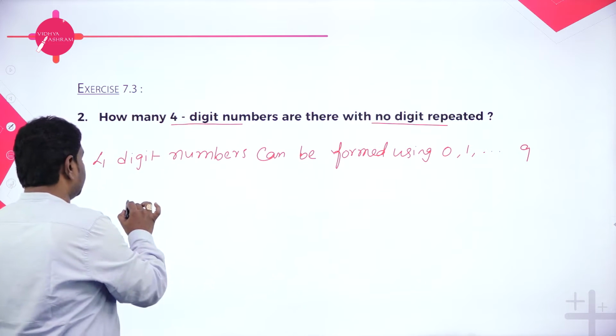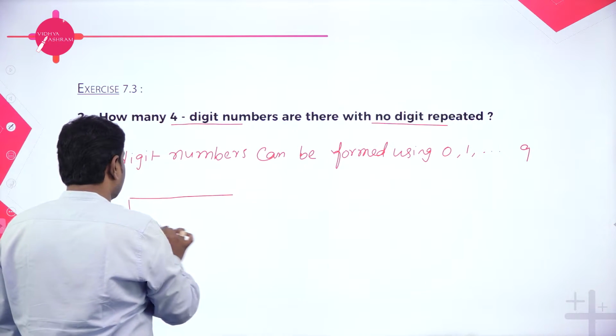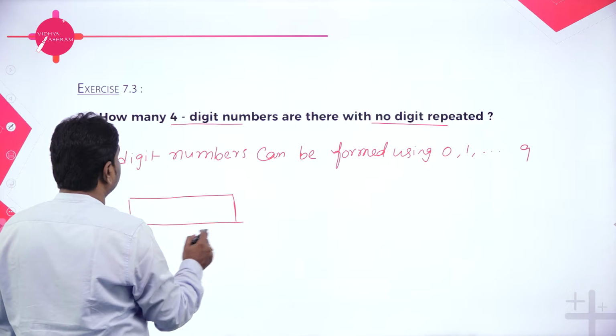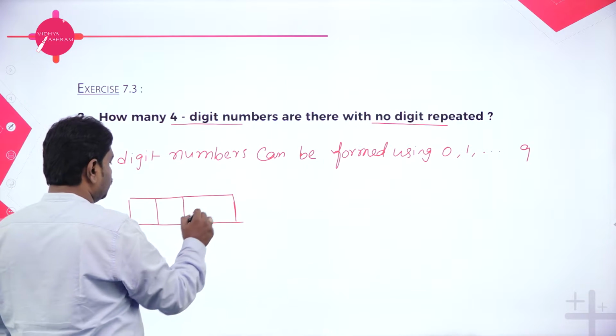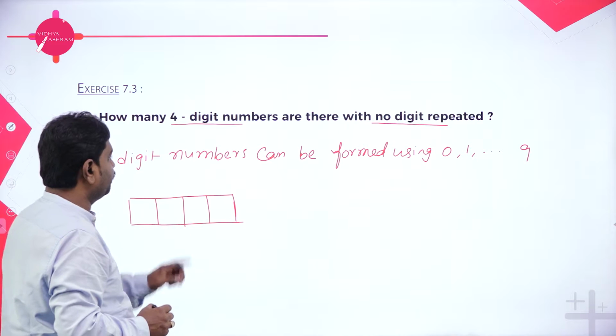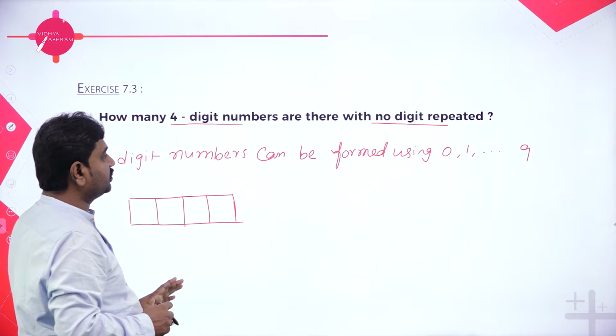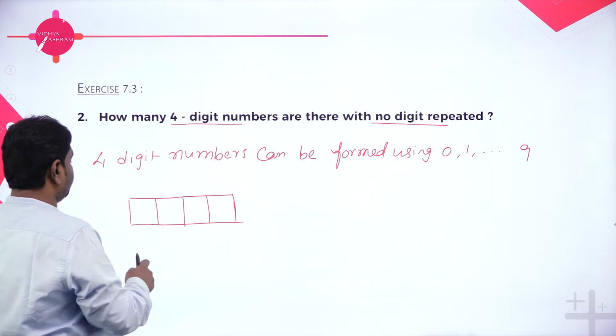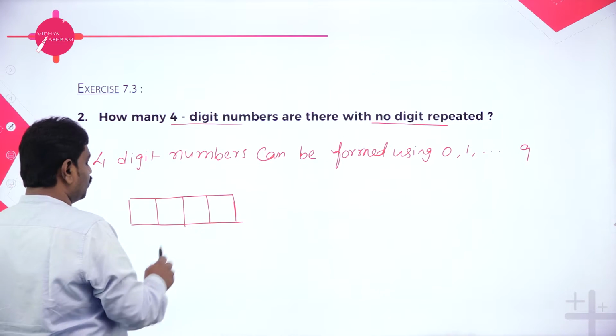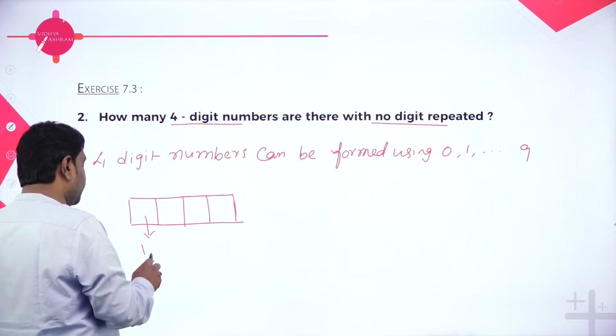So for 4-digit numbers, I'll put 4 boxes: 1, 2, 3, 4. How many 4-digit numbers with no digit repeated? See, we have 4 boxes, 4 digits. The first place, can I fill in 10 ways?